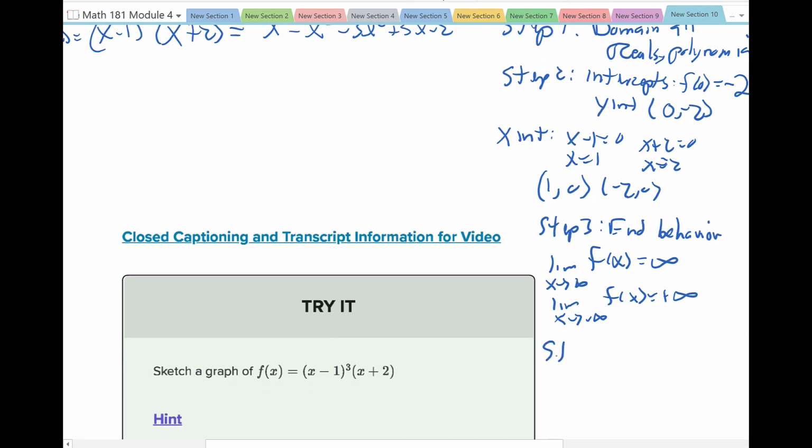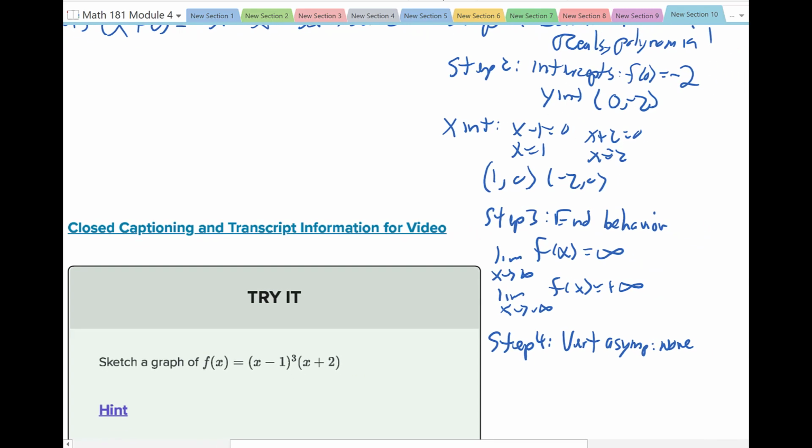And then step 4, it wants us to look for vertical asymptotes or no vertical asymptotes. So none of those. Step 5, we get into our calculus part, we take the derivative.